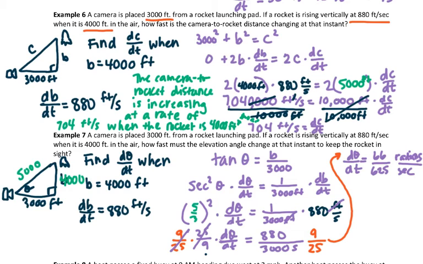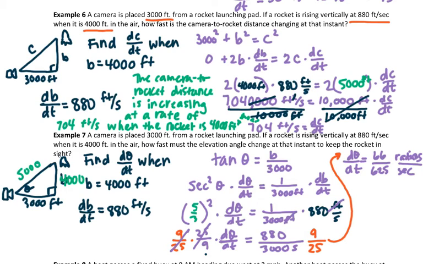Okay, and the reason it's radians is because we got this from the triangle, and we're doing it in measurements of radians instead of degrees here. We could put it in degrees if we really wanted to, but all right.